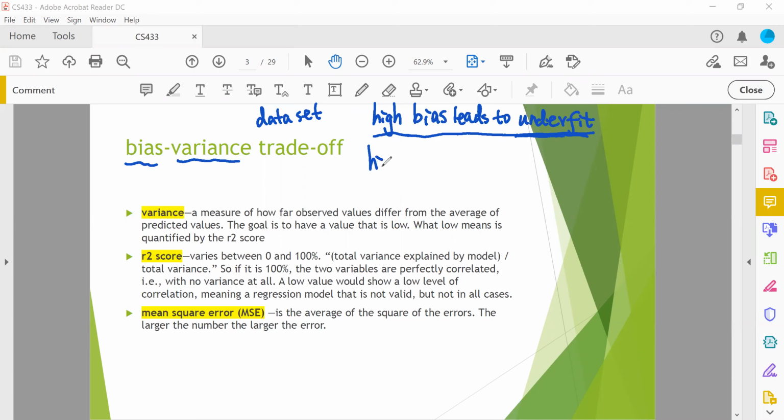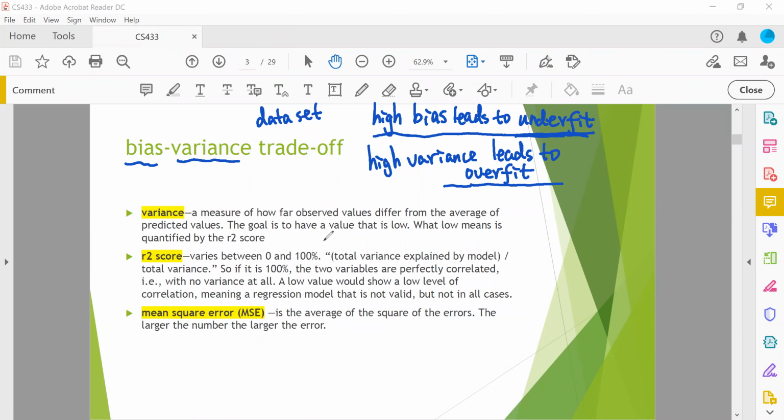So higher bias normally leads to underfitting. And higher variance normally leads to what? Who remembers? Higher variance leads to overfitting the data set.